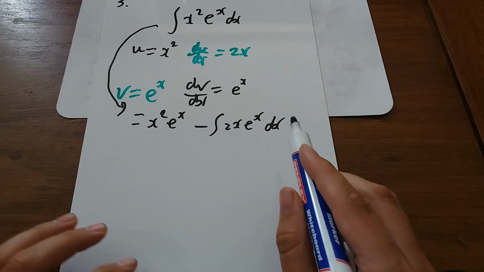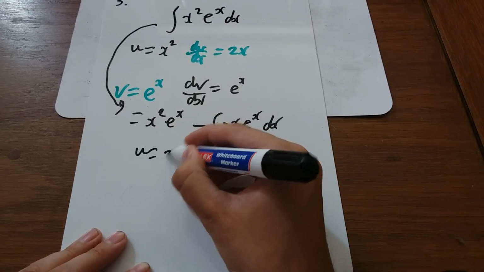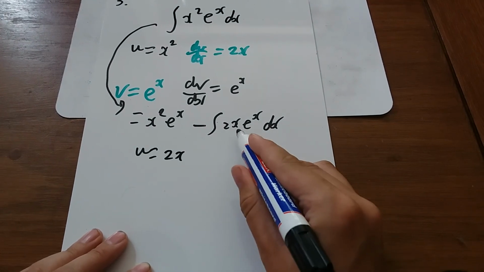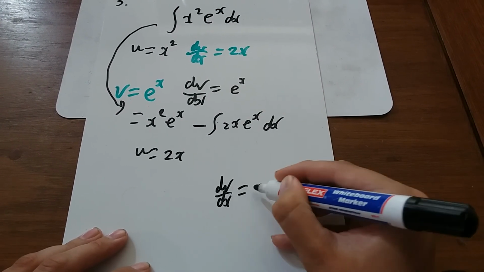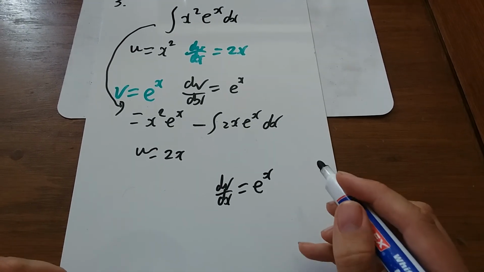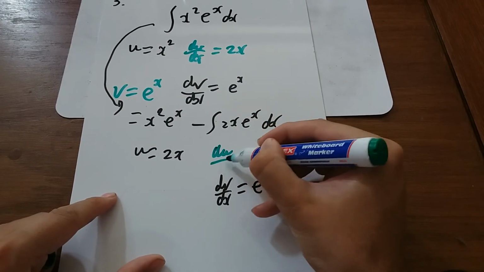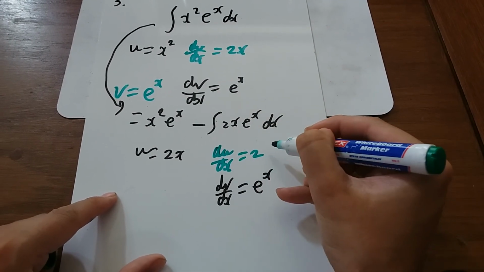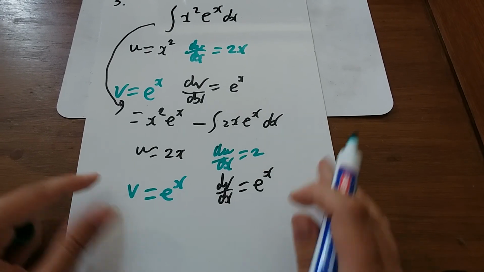So separate integration by parts question. On this bit here, we could pick u to be 2x, that thing there. We could pick dv dx to be e to the x. Second colour. Differentiating, du dx equals 2. And v, integrating this one, is e to the x.